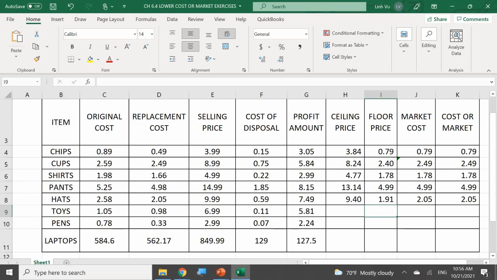Sorry. Okay, no worries. So it's ceiling, not selling. Ceiling minus amount of profit.